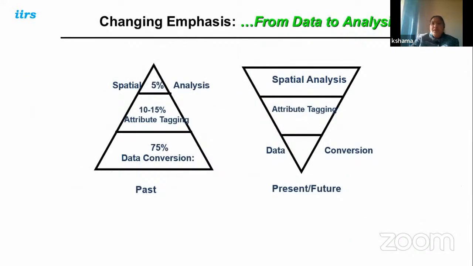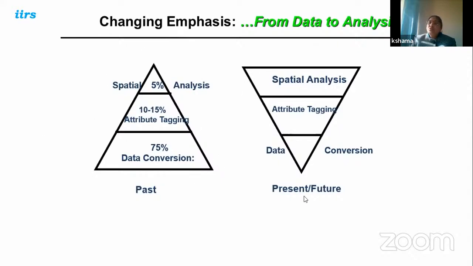Now, over a period of time, there is a changing emphasis. Earlier, the emphasis was more on data, where data processing or pre-processing was the major task in remote sensing. So 71% of the time went into data conversion and then spatial analysis.